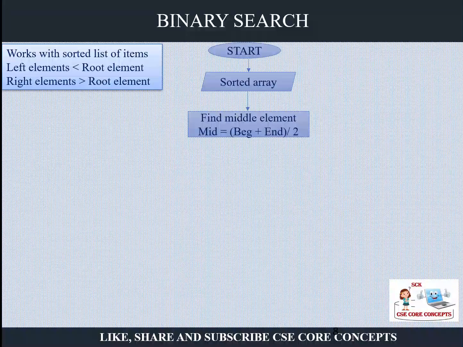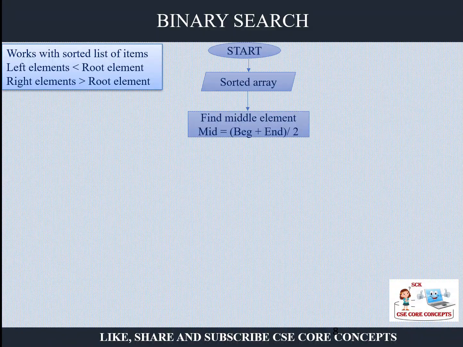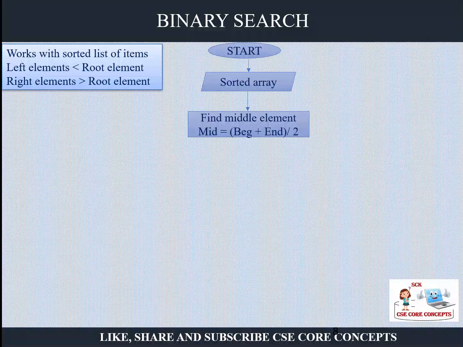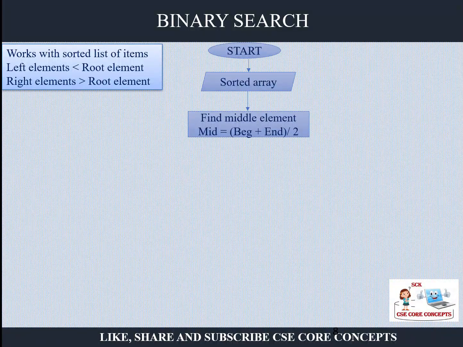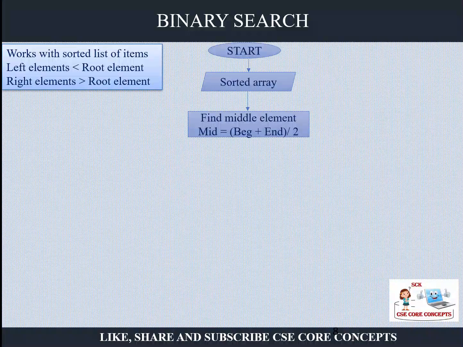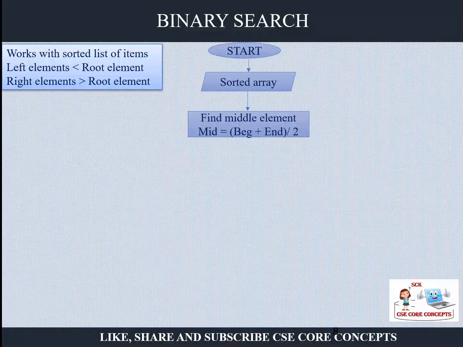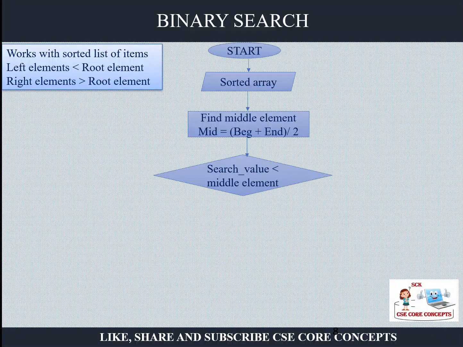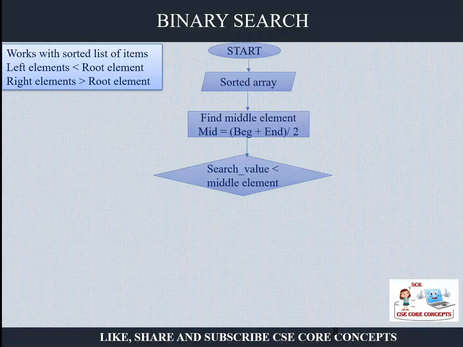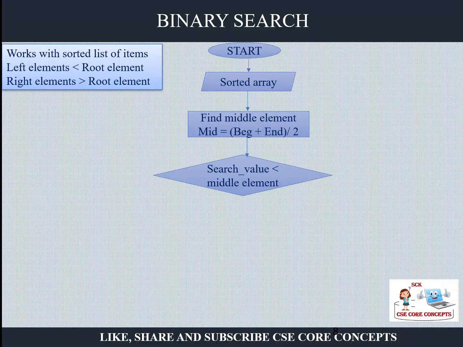Now you have to start with the root element. How do we find the root element? As the middle element. How do you get to the middle of the array? Beginning plus end by 2. That's how we can find the middle value. Now you compare your search value with the middle element.